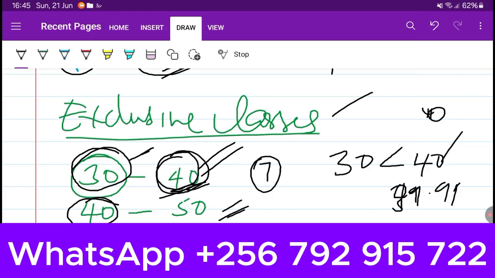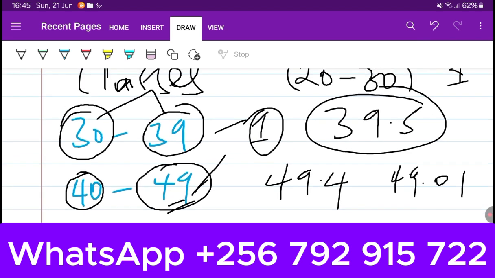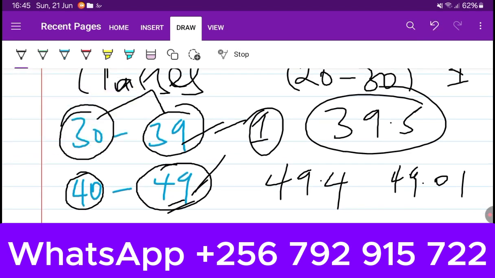But if I'm talking about the inclusive classes where we say that both the upper and the lower are included, then the definition may change a little bit. Because if you are defining the upper class limit here, you will just be talking about the highest value of that class. So it depends on which class you are defining.